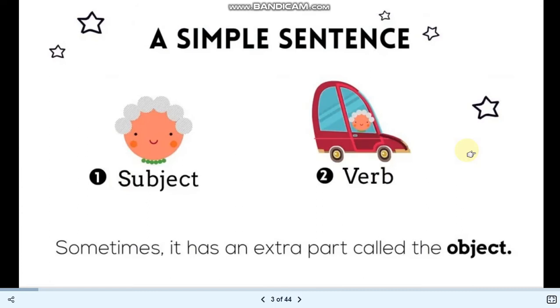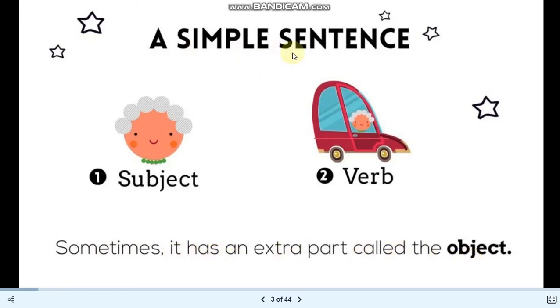So what is a simple sentence? A simple sentence is a sentence having a subject, just one subject, and number two, it also has a verb. Sometimes it has an extra part called the object.